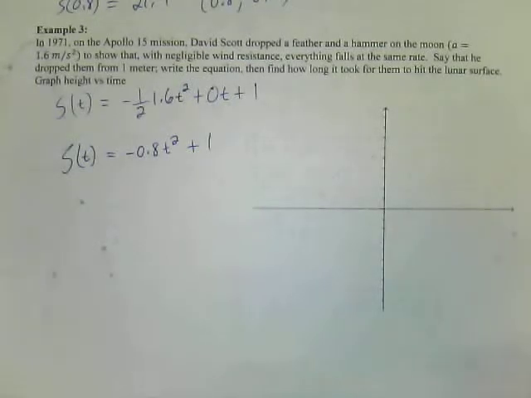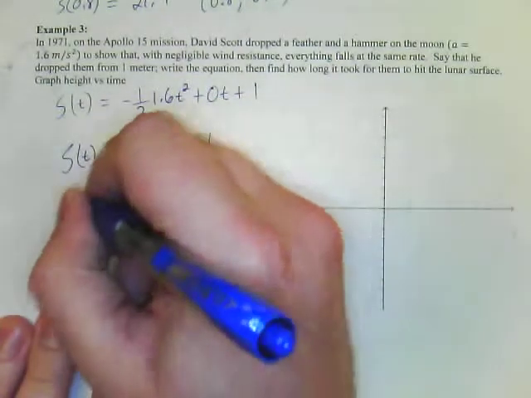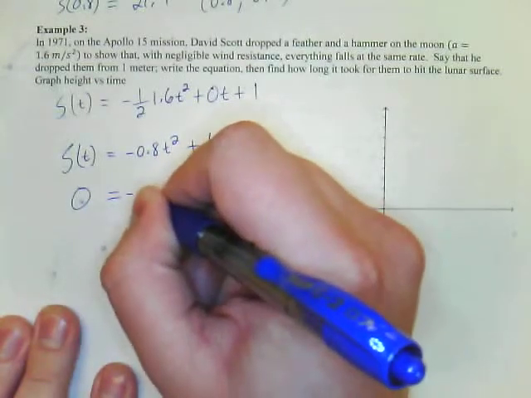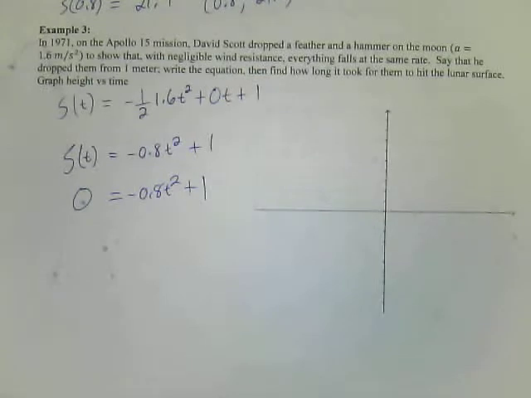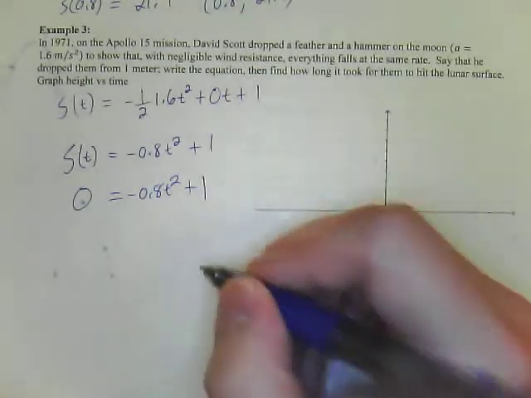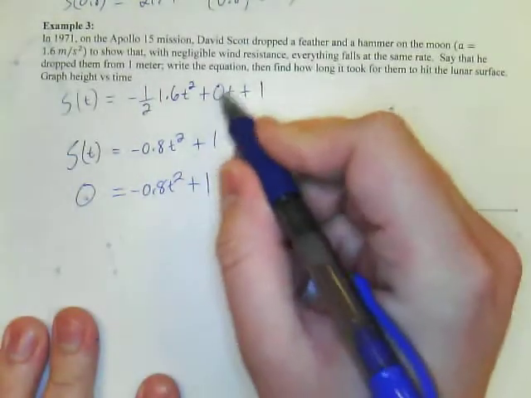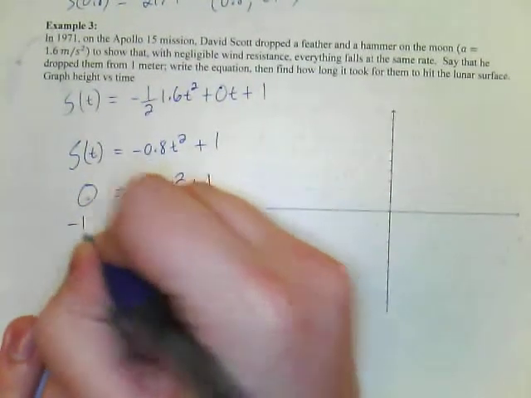And let's look at getting the intercepts now. So we could, again, use the quadratic formula here. Actually, I'm going to do something different, though. So if we're wanting to find the t-intercepts, that's where the y value is 0. So let's say this is 0 equals -0.8 t squared plus 1. So again, you could use the quadratic formula, but since we don't have the t term here, we can solve this just by taking the square root.